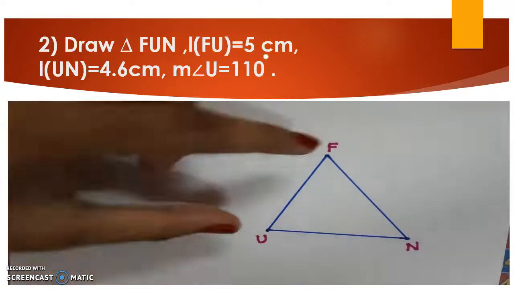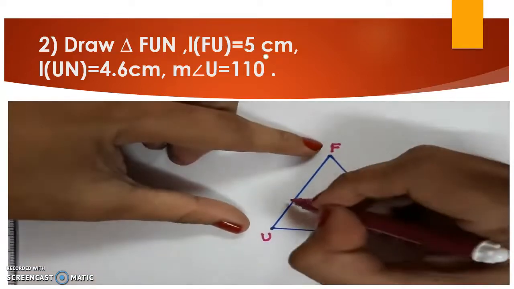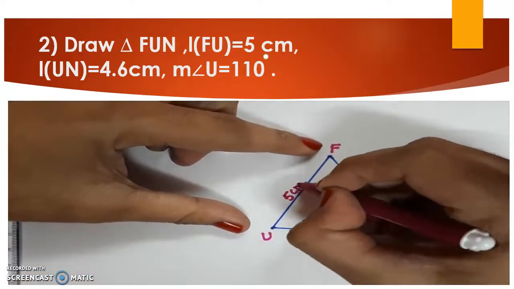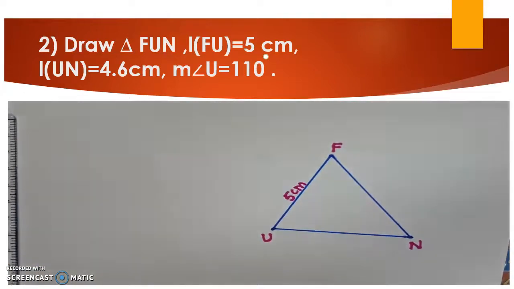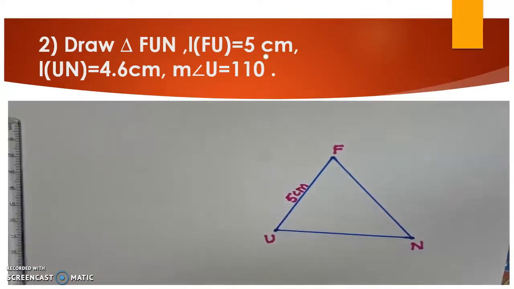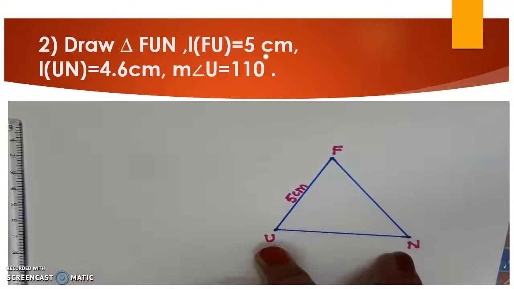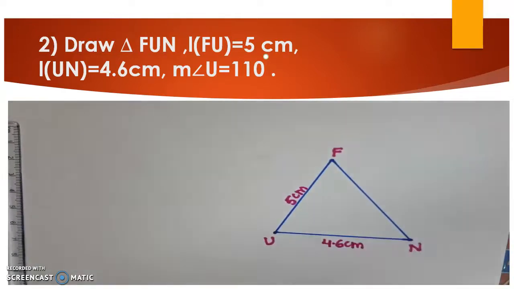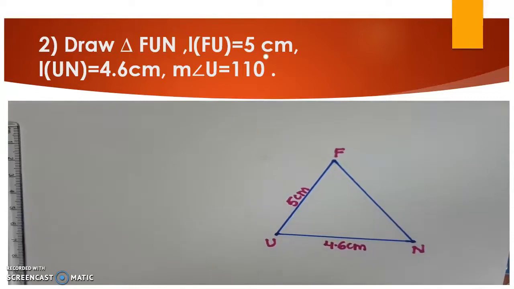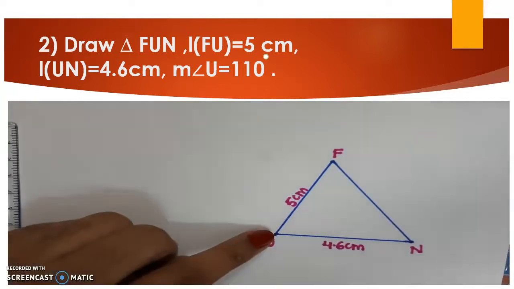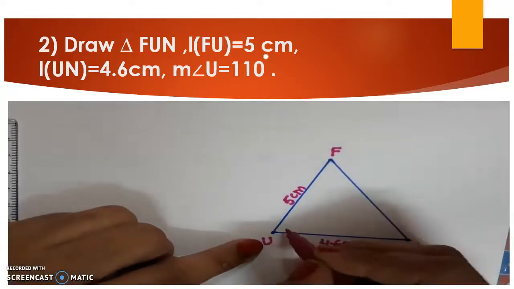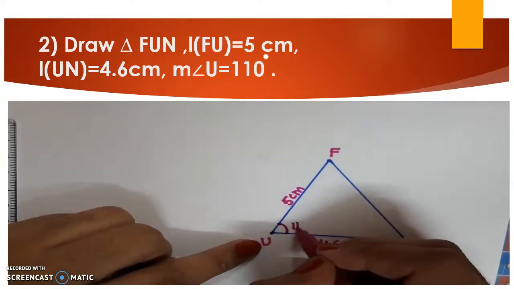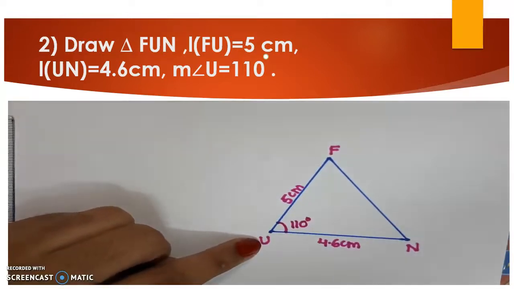After writing the name, we will see what measurements are given. FU is equal to 5 centimeter. So this is our FU, and here we will write 5 centimeter. Then it is given UN is equal to 4.6 centimeter. This is our UN, so here we will write 4.6 centimeter. Then it is given measure angle U is equal to 110 degree. This is our angle U. So this angle we will mark and write 110 degree.